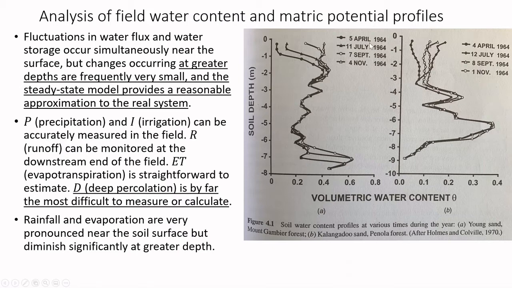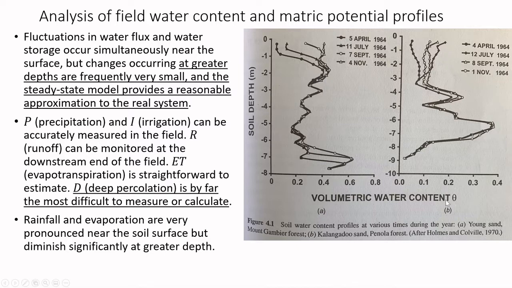You can see that there are a lot of changes at the surface, but as we go deeper into the soil, there are not many changes. What I mean by changes is changes at different times of the year, for example April, July, September, and November, from month to month. But if you go deeper, the soil moisture content stays relatively constant.